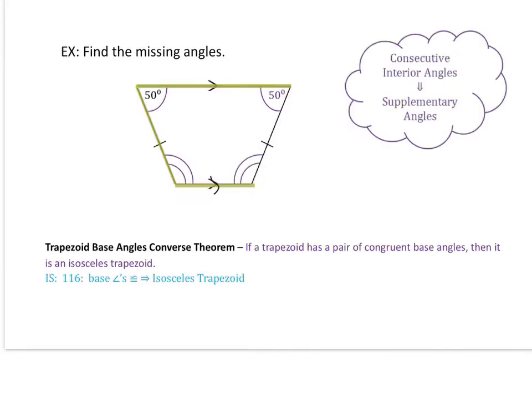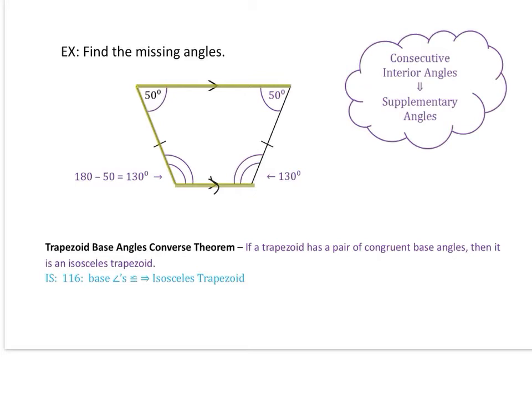Remember that consecutive interior angles formed by parallel lines cut by a transversal, so we have parallel lines cut by a transversal, we've got a C shape, consecutive angles, so they're on the same side of the transversal and on the inside of the parallel lines, implies supplementary angles. So that makes these two angles add up to 180 degrees. So if we subtract 50 from 180, we get 130 degrees.